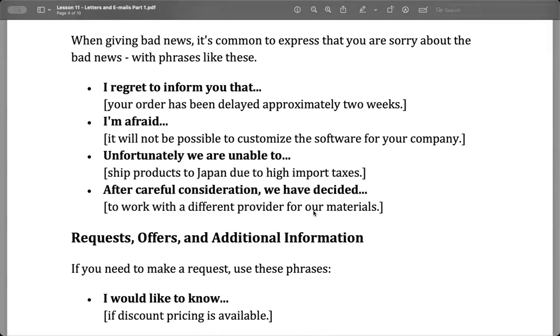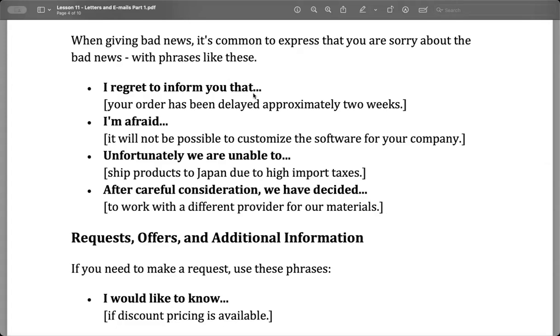Okay, good. Go on. Requests, offers, and additional information. If you need to make a request, use these phrases.